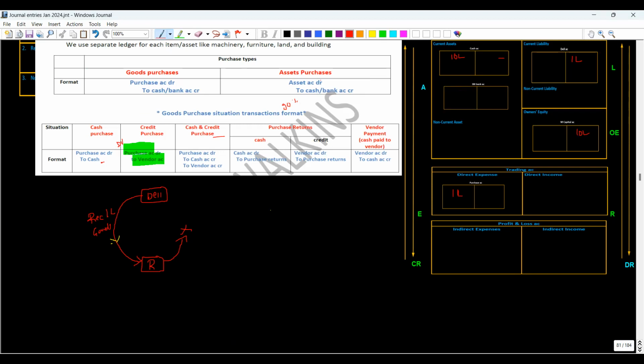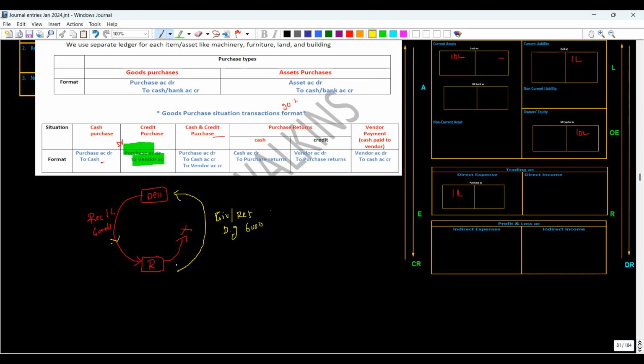It's clear now. So after receiving goods, if you see any damaged goods, what do you do? We return them. Let's assume in situation 2, the company is returning damaged goods which have a value of 6,000.